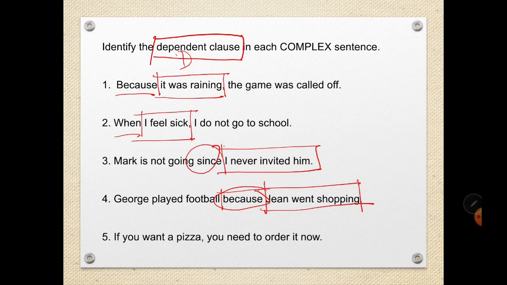This one has a comma, which means that the sentence started with a dependent clause, and before the dependent clause there will be a subordinating conjunction, in this case if. So you want a pizza is the dependent clause. That's easy.